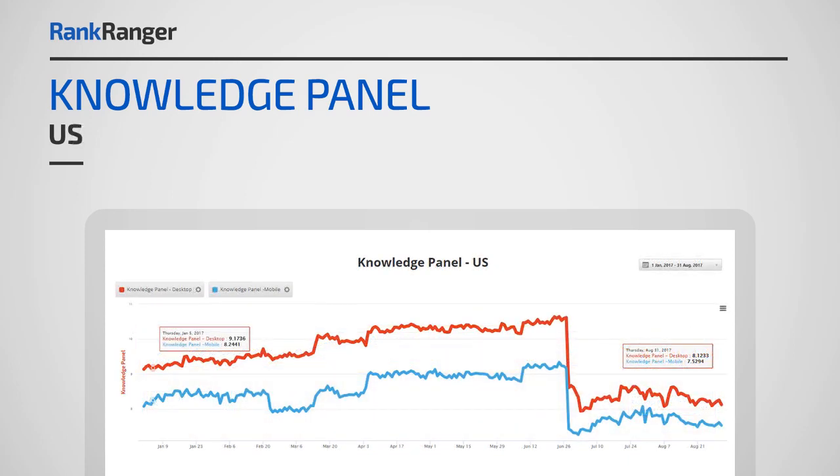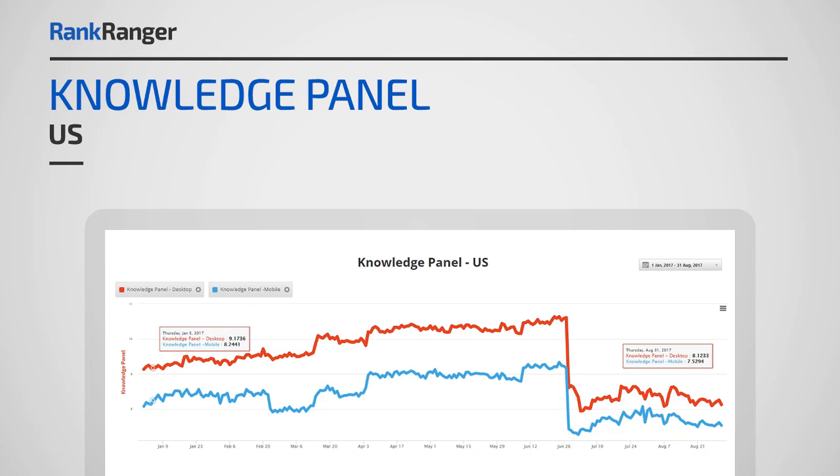Jump to the US, and yeah, you see a gap. Now that gap is a little bit deceiving because the gap really isn't as wide as it may appear. You're talking about usually around a 1 percentage point difference between mobile knowledge panels and desktop knowledge panels, with there being more desktop knowledge panels. At the end of August, where this data ends, you're talking about a giant half a percentage point difference between desktop and mobile knowledge panels. That's marginal.